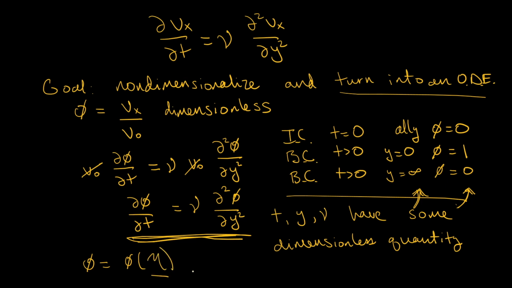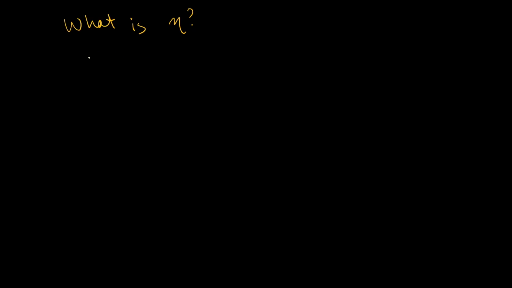So this eta is going to be some dimensionless quantity that depends on t, y, and nu. So we have to figure out what eta is. Eta is dimensionless, and it has to include y, t, and nu, our kinematic viscosity.